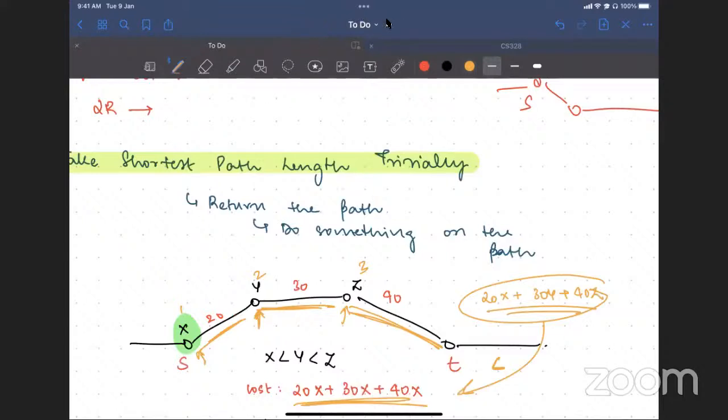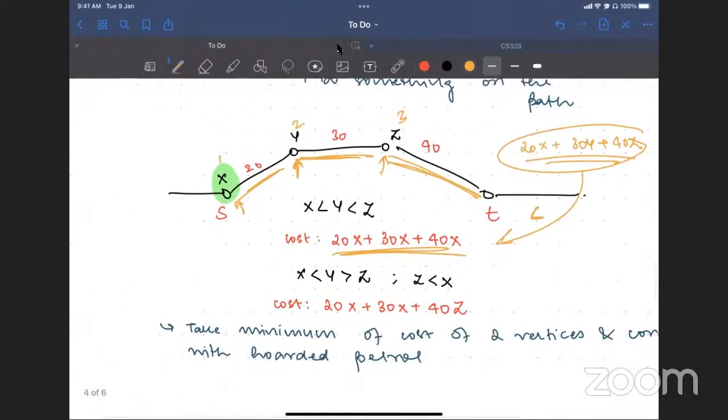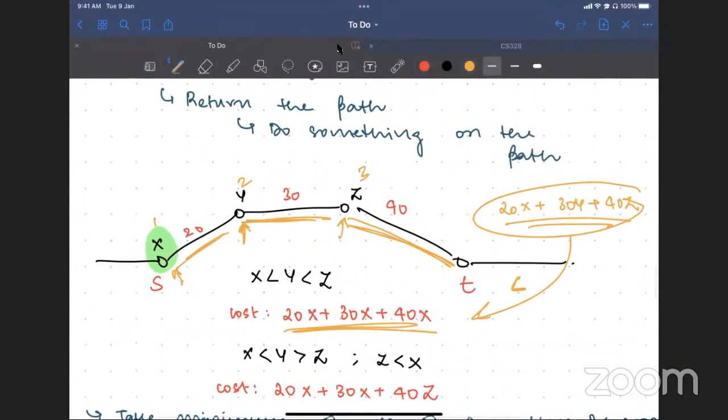Right, and this is another case. I can maybe put some values here, just to be clear about this case. Say X is 10, Y is 20, and Z is 5.